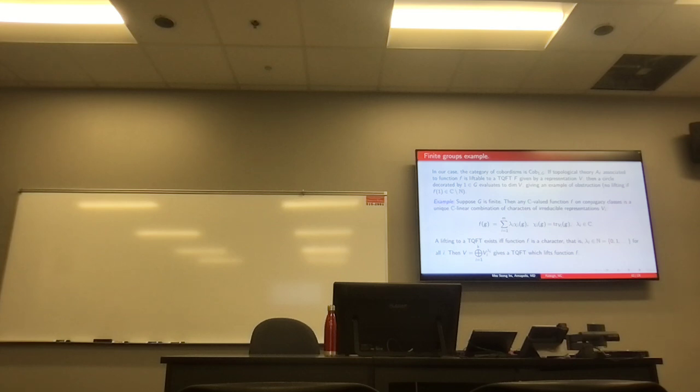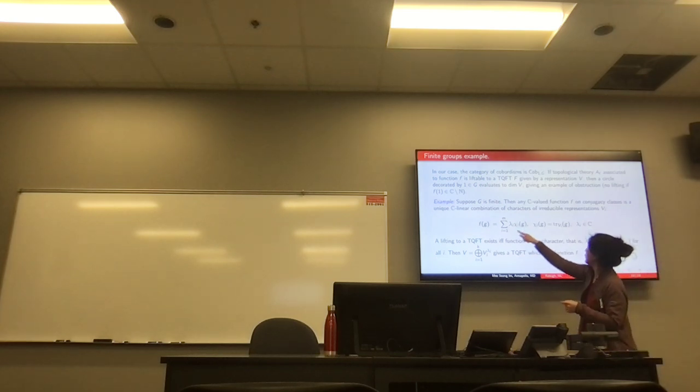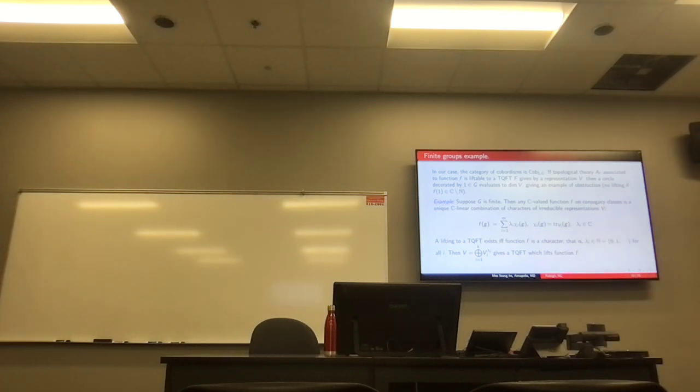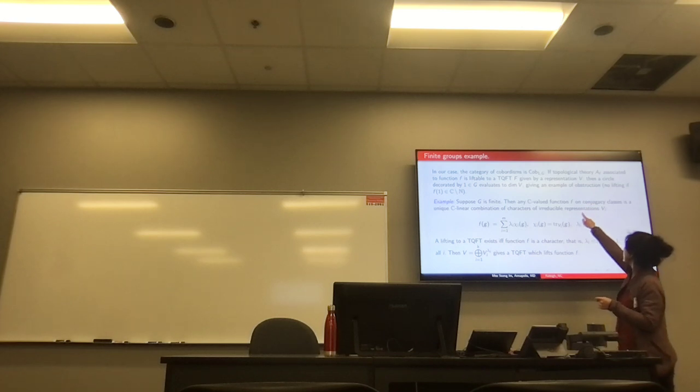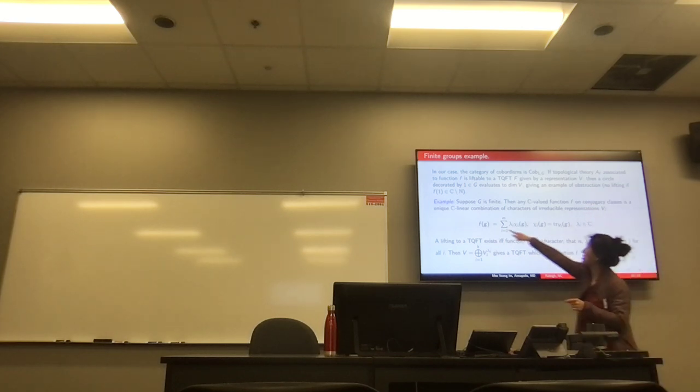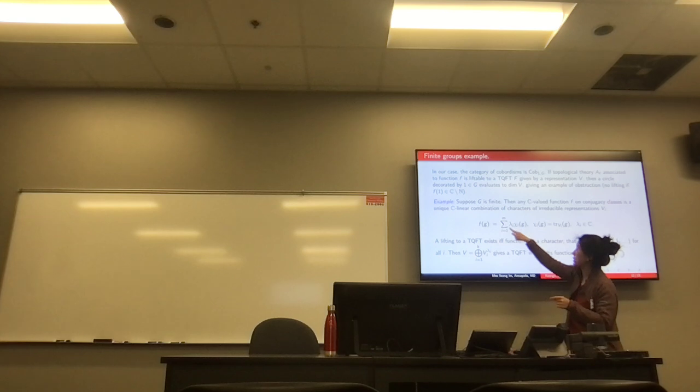So here's an example. Suppose G is finite. Any complex valued function f on conjugacy classes is a unique C-linear combination of characters of irreducible representations V_i. So as long as f is a function that's constant on conjugacy classes, it's going to be of this form, summation of lambda_i chi_i.